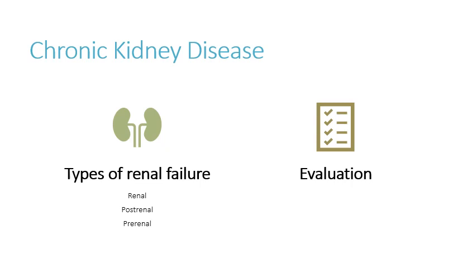Post-renal is also pretty simple. You have a renal stone lodged in a ureter, and that blocks outflow of the urine, and it increases pressure in the kidneys and causes damage. But what about pre-renal?